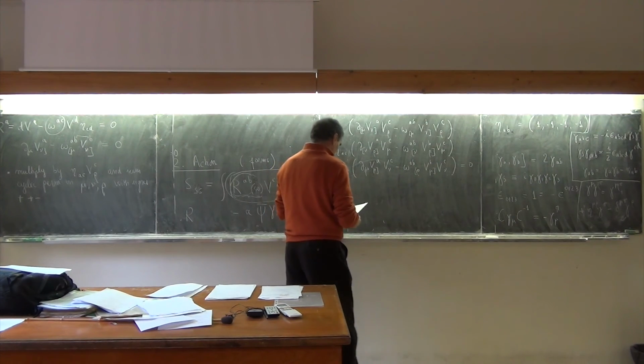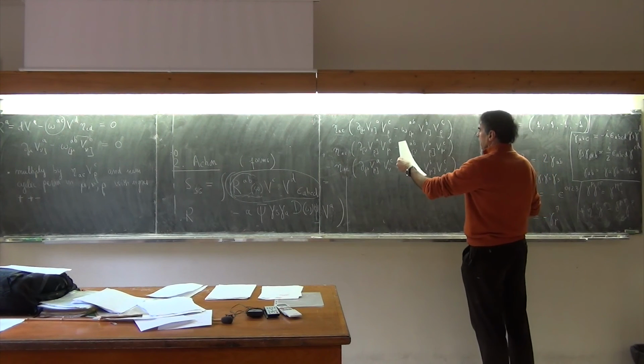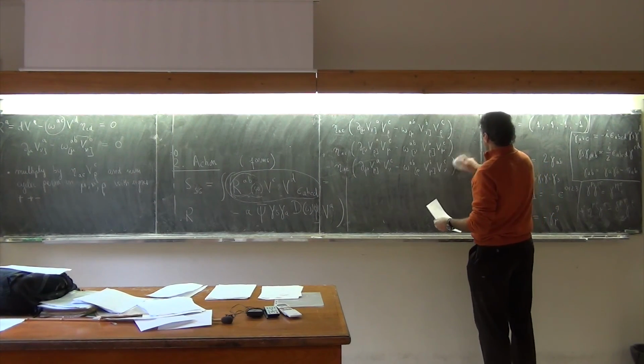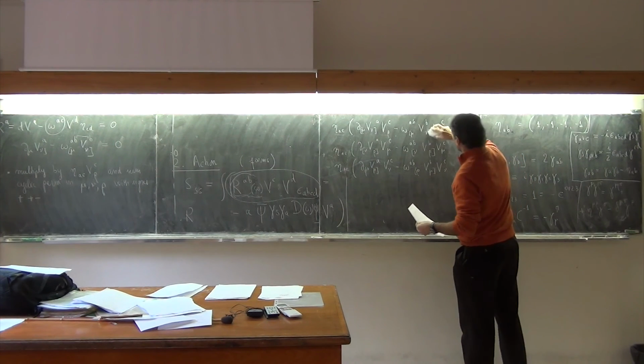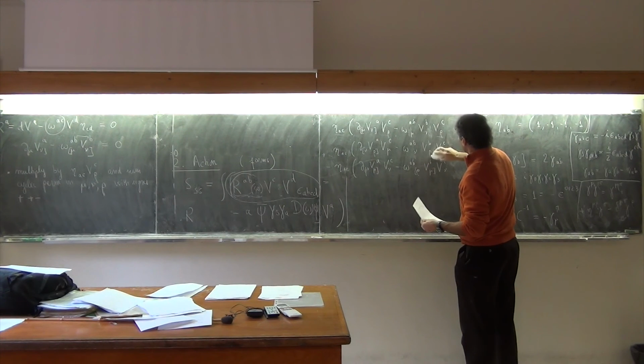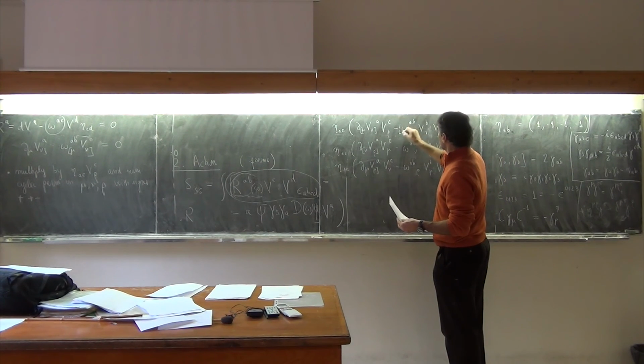Actually, now what I will do is to write down explicitly these anti-symmetrizations. So I will write it like this. I take out the square brackets and I write down explicitly what they are. They are the anti-symmetrization, which in my conventions has always strength 1.